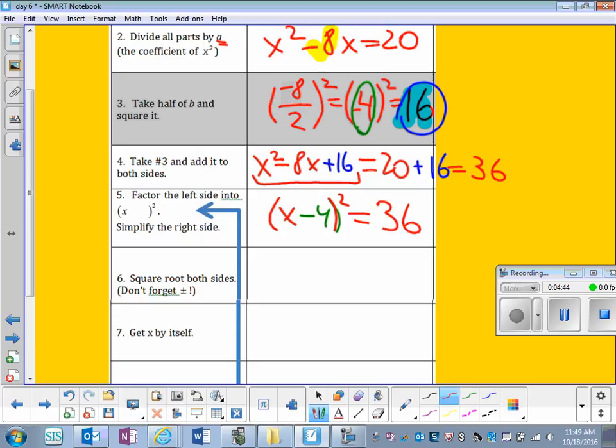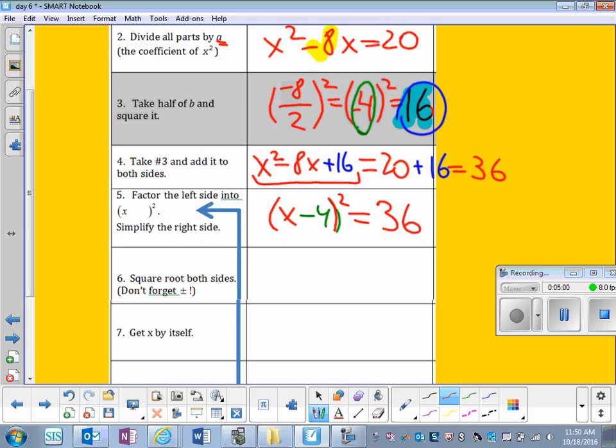See what I did? I rewrote x, and then minus 4 came from half of b. That's my b divided by 2. My b, negative 8, divided by 2 gives me negative 4, so I just use it here.